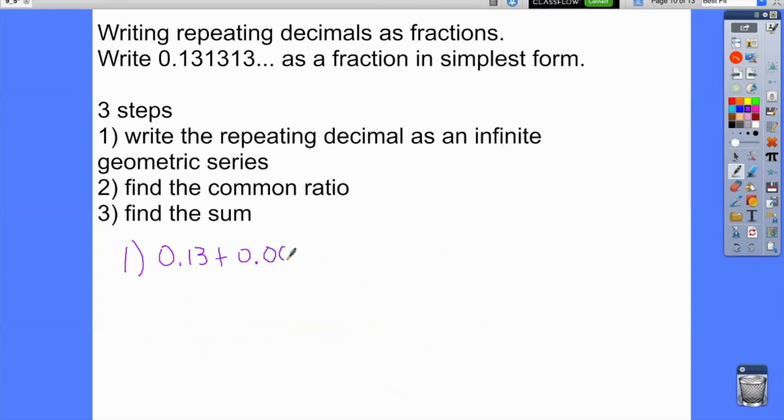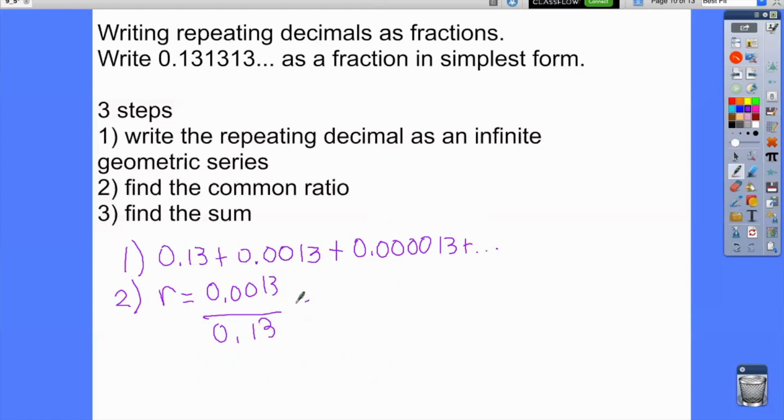So I will put zeros as placeholders for the first 2 positions and continue on. All right, so as you can see, we are completing step 1. Step 2, let's find your common ratio. I would go ahead and use the first 2 terms. It appears that our ratio remains to be 0.01.